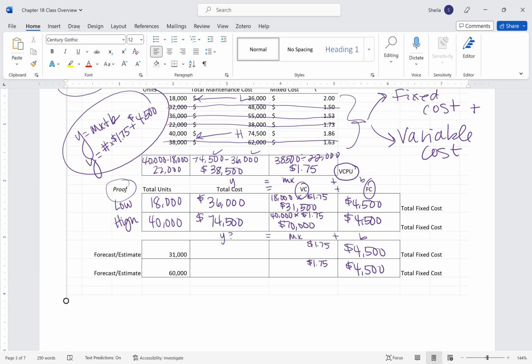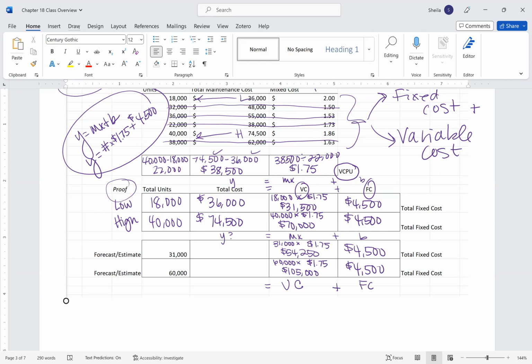So I'm going to take 31,000 units, in this case, times $1.75, and that is going to give me 54,250. And then in this estimate, I'm going to take 60,000 times $1.75, and that's going to give me 105,000 of fixed cost. I'm sorry, a variable cost. Okay. So again, here's my variable cost. Here's my fixed cost. I'm going to add those together.